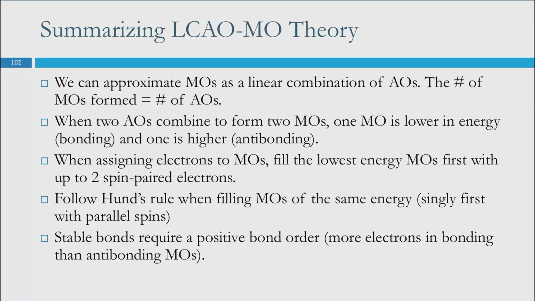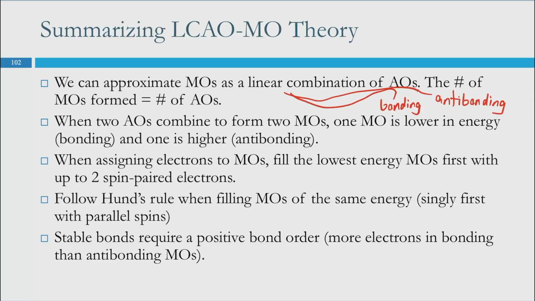All right, so linear combination of atomic orbitals, molecular orbital theory. Summary. Our molecular orbitals we can approximate, we can just kind of roughly say that they're a linear combination of our atomic orbitals. Bonding and anti-bonding. Those aren't our atomic orbitals, but those are our linear combinations.